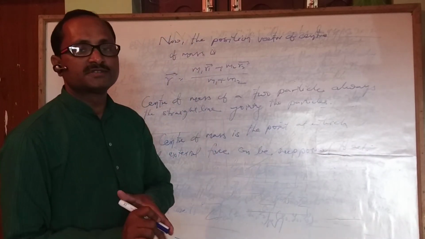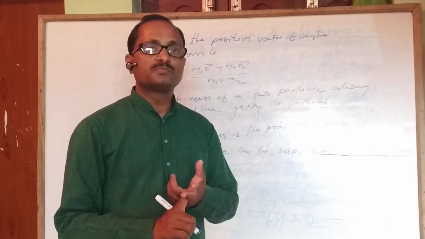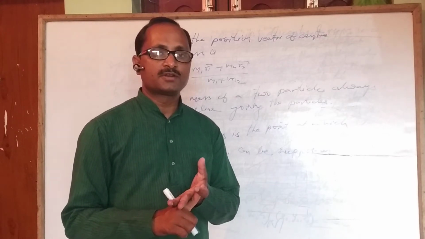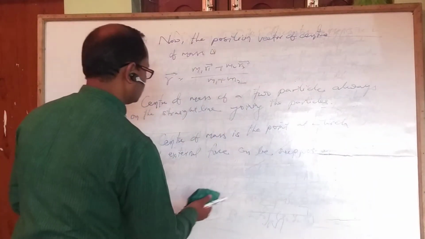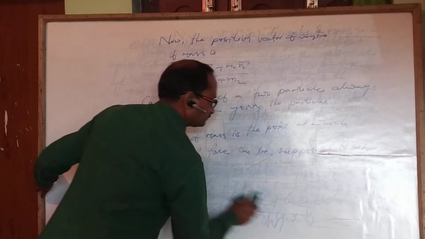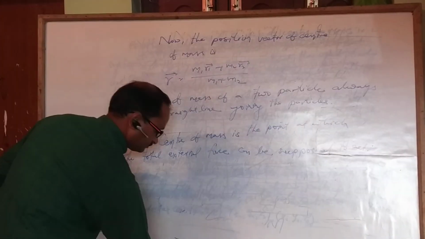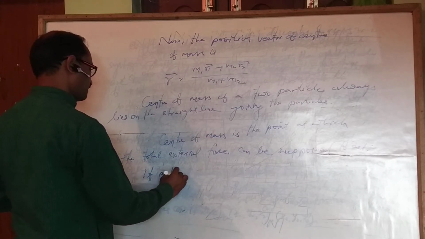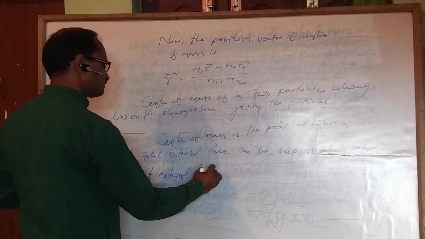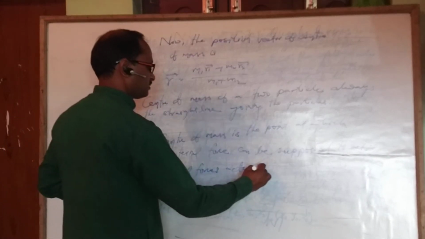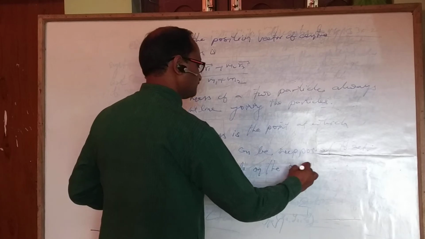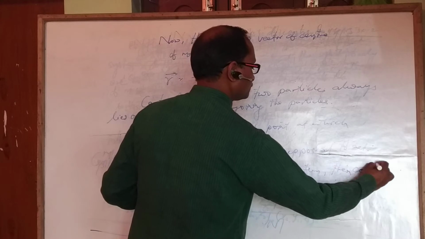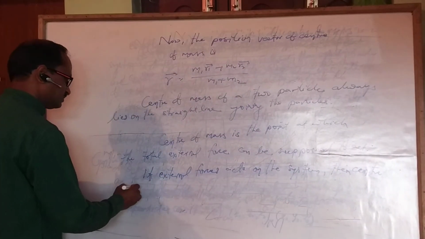If external forces act on a system, then center of mass will be in motion, and in absence of external forces, center of mass will be at rest. If external forces act on the system, then center of mass will be displaced.